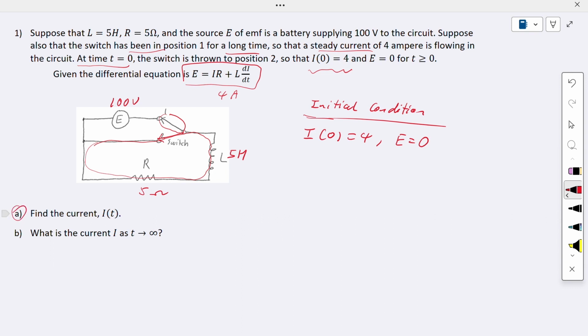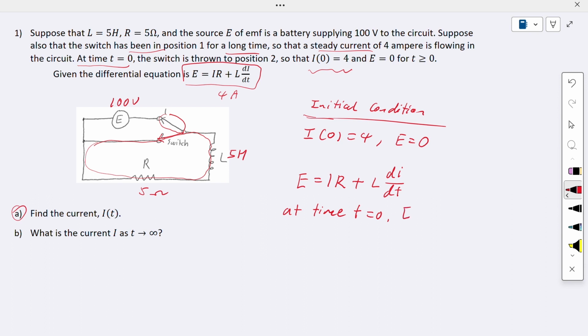Okay, so now we rewrite the differential equation. E is equal to IR plus L dI over dt. At time t equal to 0, we're going to turn the switch from 1 to position 2.